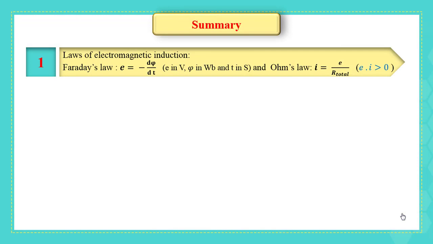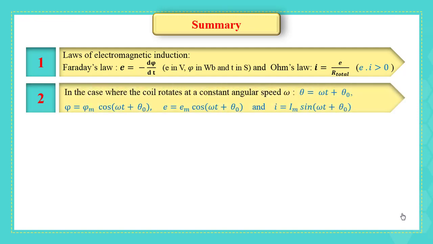Summary. 1. Laws of electromagnetic induction. Faraday's law states that E equals minus dφ over dt, where E is in volt, φ in weber, and t in seconds. And Ohm's law states that I equals E, the electromotive force, over R total, where E·I is always greater than 0. 2.